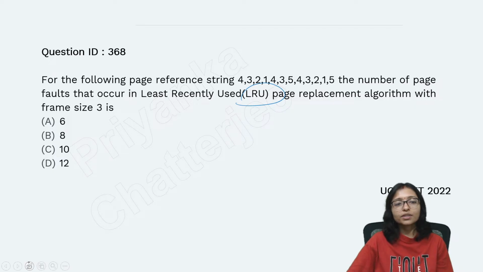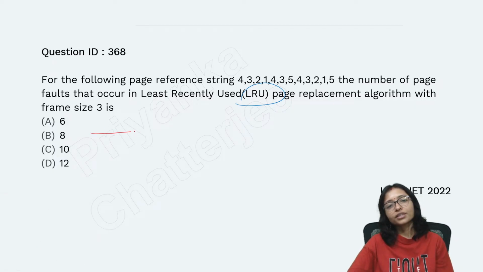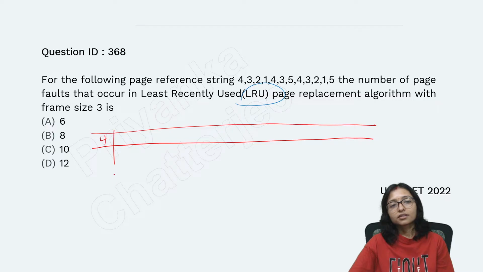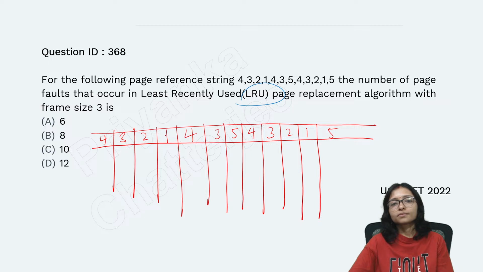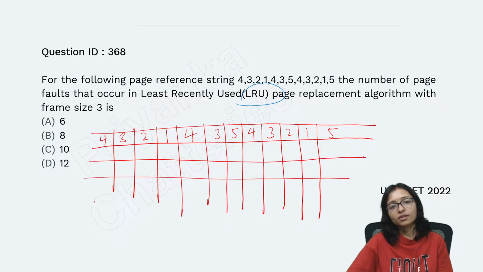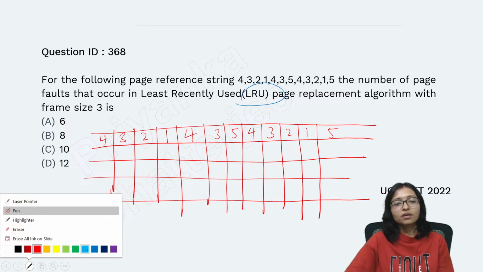Another question. Do it quickly. I am just filling the table, and within that time you can also do it and you can also answer.